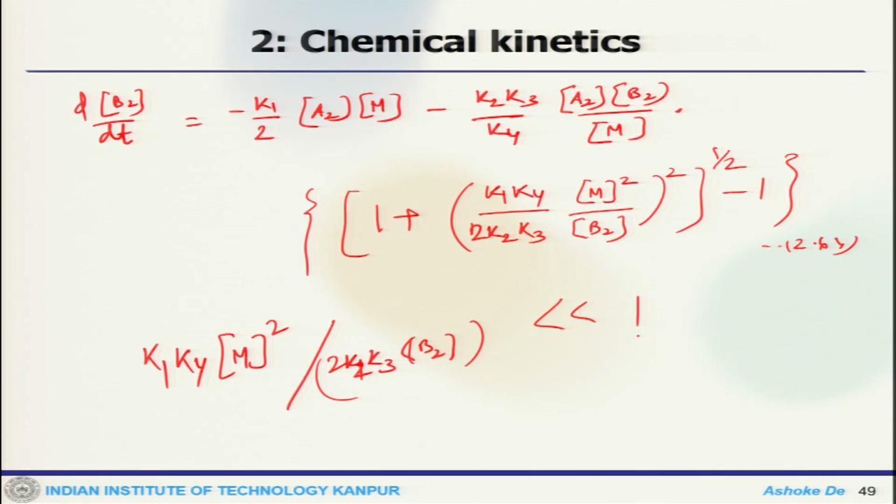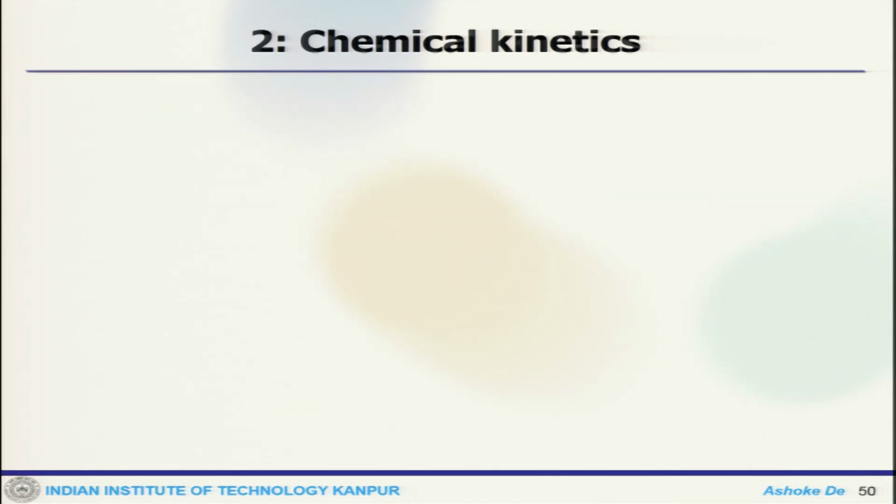Since K2 and K3 are larger than K1 and K4, this is valid for the steady state approximation to apply.